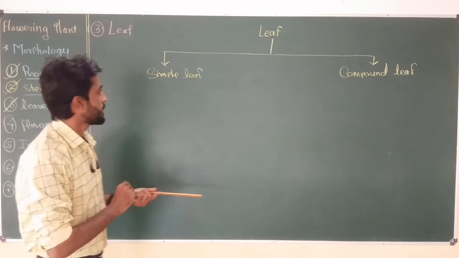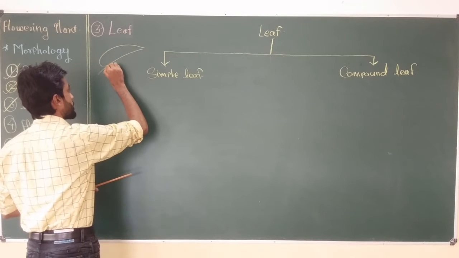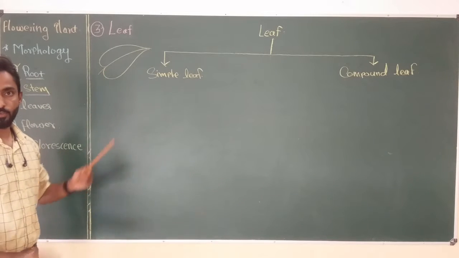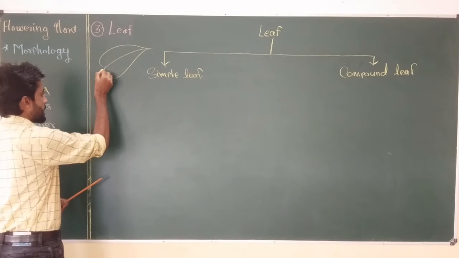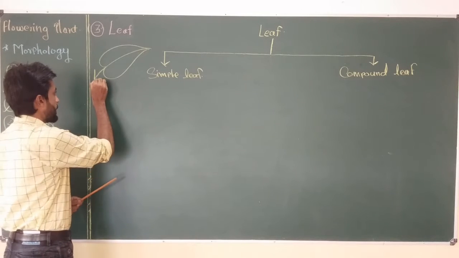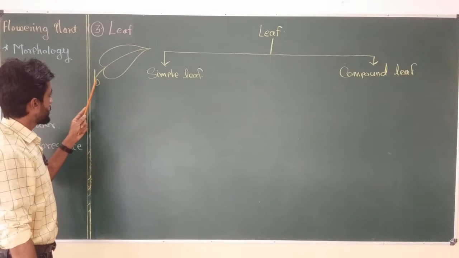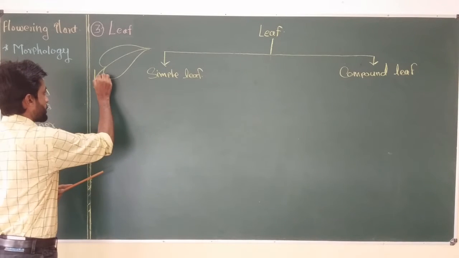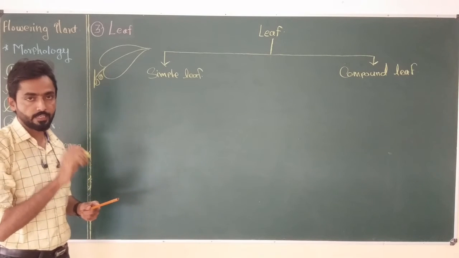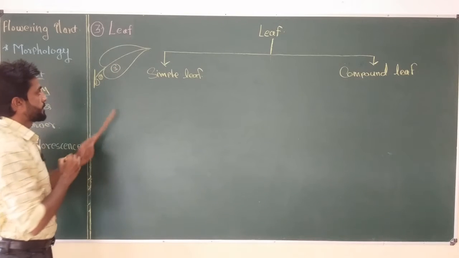So what is lamina? If we draw the simple leaf structure of the angiospermic plant, the leaf is divided into three parts. The part which attaches the leaf to the stem is called the leaf base. The part present between the leaf base and the lamina is called the petiole, while the most important, largest, thinnest part of the leaf is the leaf blade.